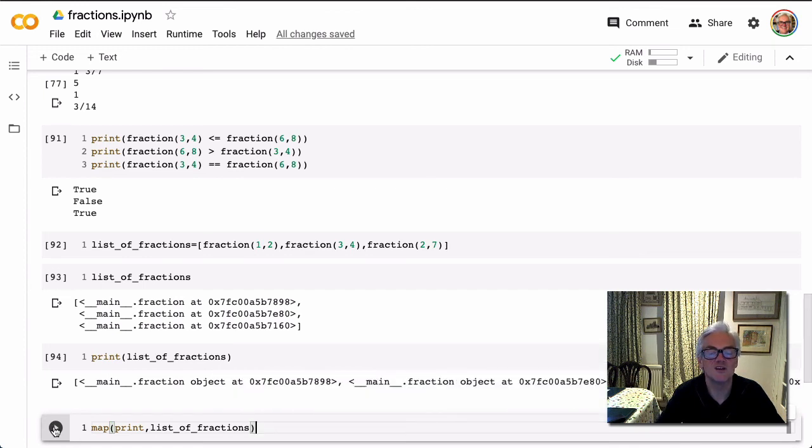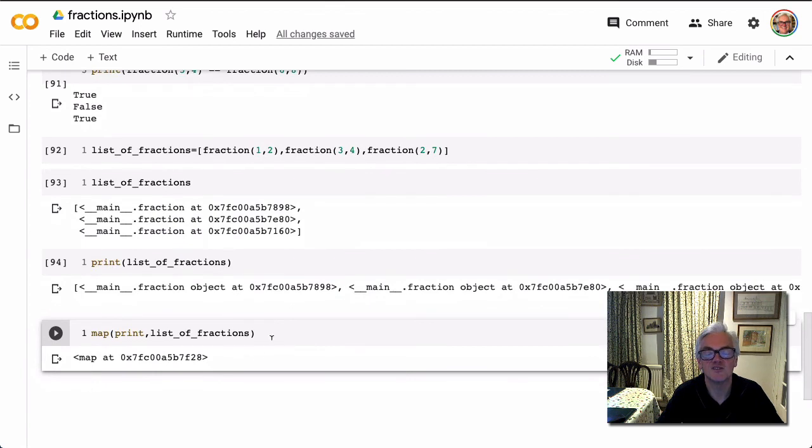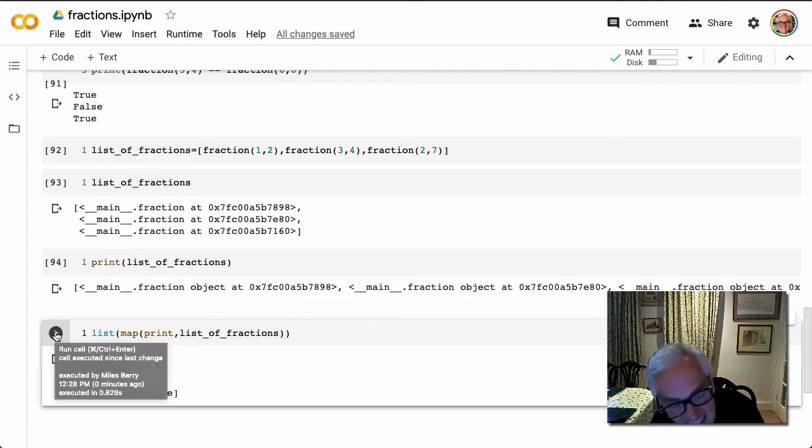But this also is unhelpful because it just returns a map object. What I want is that returned as a list. So take each thing in that map object and print it out one at a time. And I think this should give us, yes, indeed, that list back.